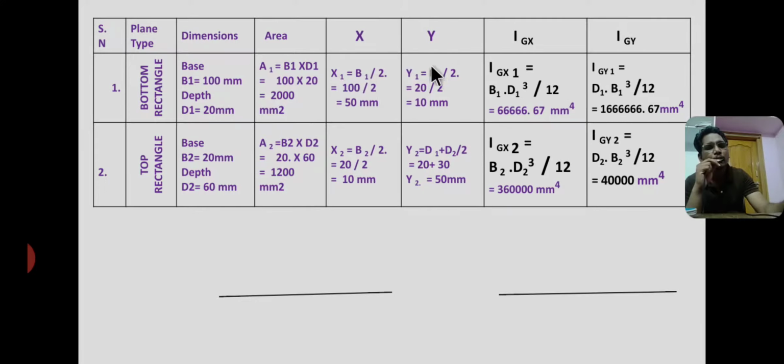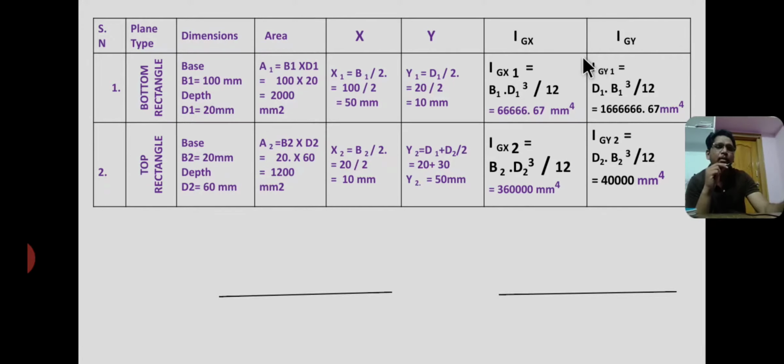X and y values are the values for the centroid, whereas Igx and Igy are the area moment of inertia about the centroidal axis. Igx refers to area moment of inertia about the centroidal x-axis, whereas Igy refers to area moment of inertia about the centroidal y-axis.